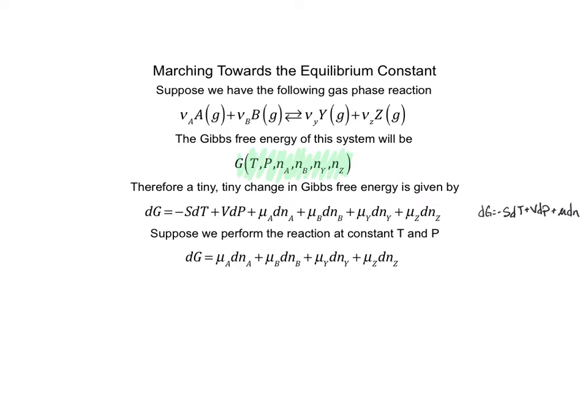So now if we suppose that we perform the reaction at constant temperature and pressure, which is a very common way of running reactions, we come to where we left off in our last video, where dG is really just the sum of the chemical potentials times the change in number of moles.